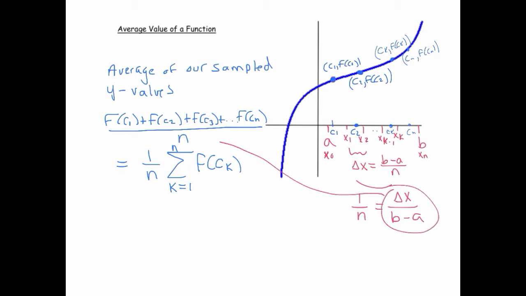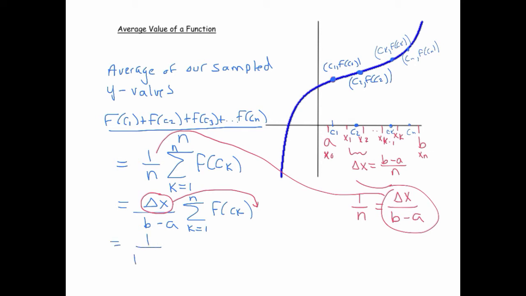Put that in here, and we get delta x over b minus a times that sum. And then we're going to slide this delta x, since it doesn't have any subscripts on it, we can move it wherever we want. I'm going to move it right here. And now I've got 1 over b minus a.